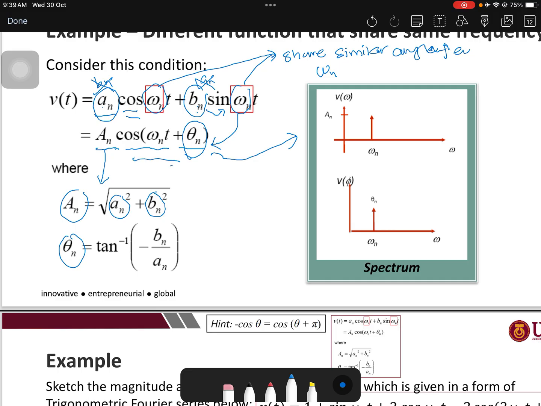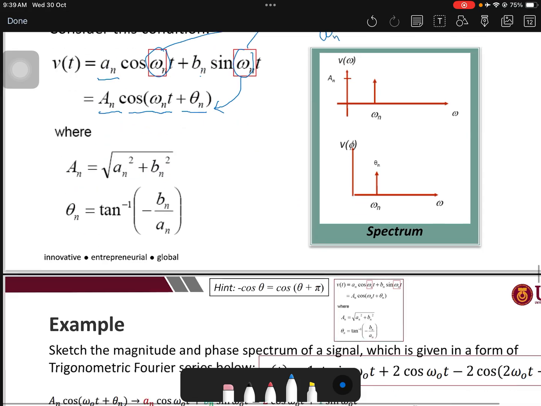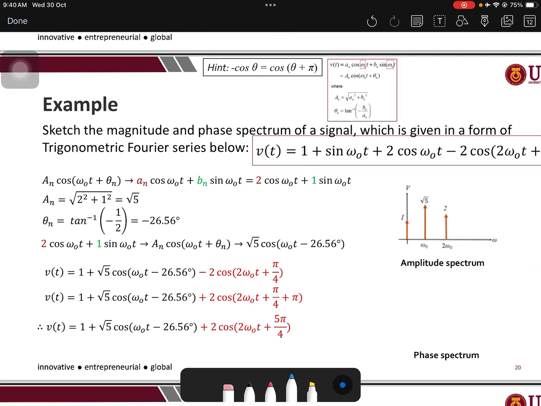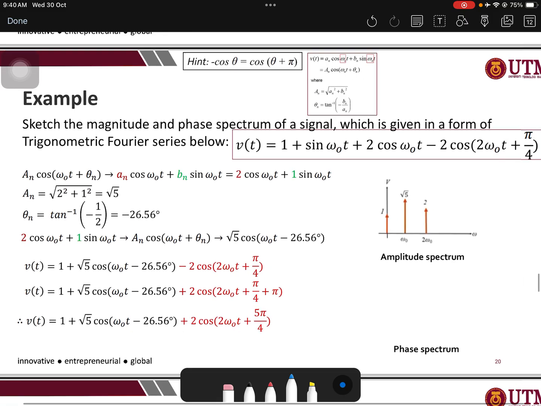From this trigonometric signal, you can convert into the amplitude spectrum and the phase spectrum, single-sided. So let's take a look at the example. Sketch the magnitude and the phase spectrum of a signal which is given in the form of trigonometric Fourier series below.